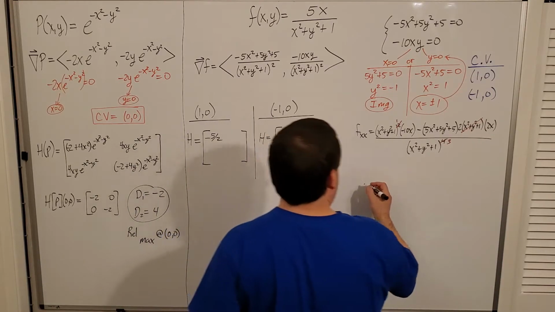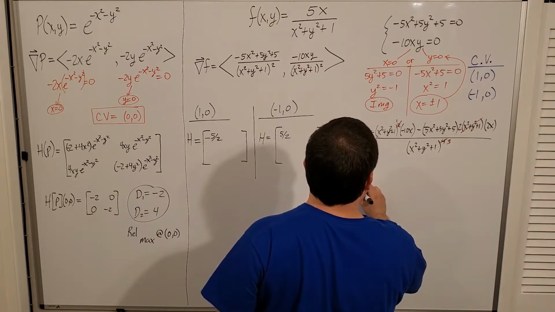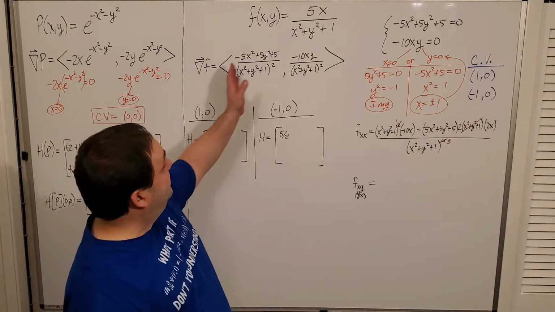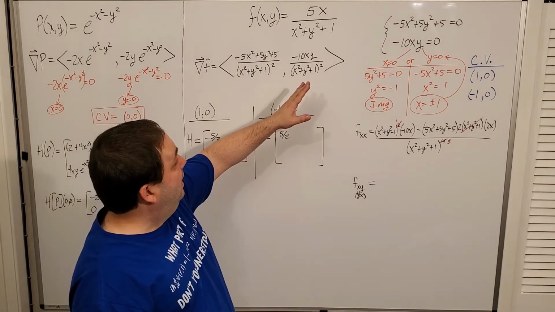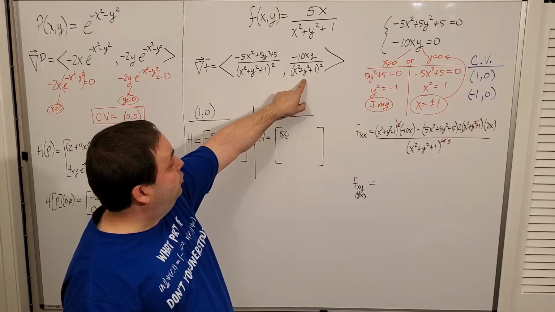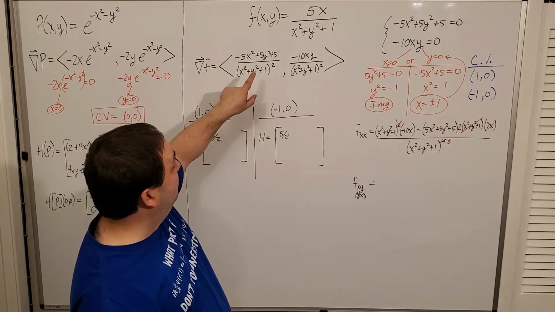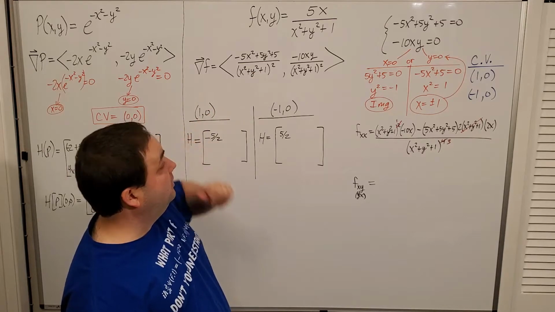The crossover derivative, f_xy and f_yx, is going to be the same for both, right? It would probably be easier to do the x derivative of the y component rather than the y derivative of the x component.